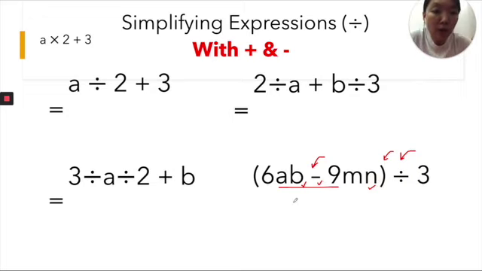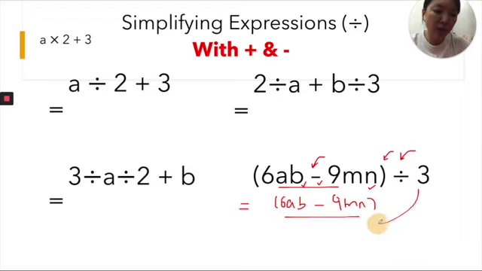So I cannot do anything. Put it as the same. So bracket 6AB minus 9MN. Divide by 3. So divide becomes a divide line and 3 put it at the bottom. So the answer is bracket 6AB minus 9MN bracket. Everything divide by 3.